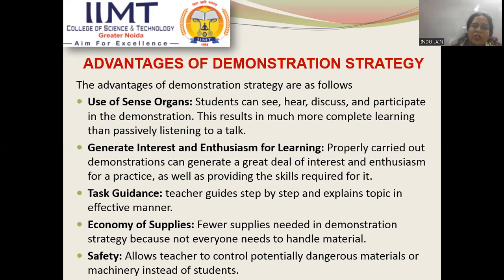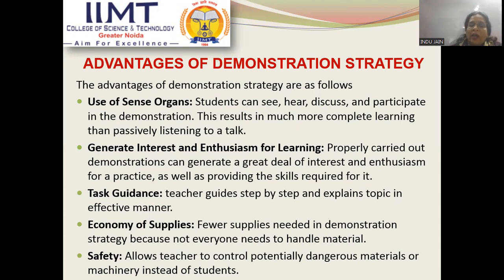The first one is use of sense organs. During a demonstration, students can see, hear, discuss, and participate in the demonstration. This results in much more complete learning than passive listening to a talk.